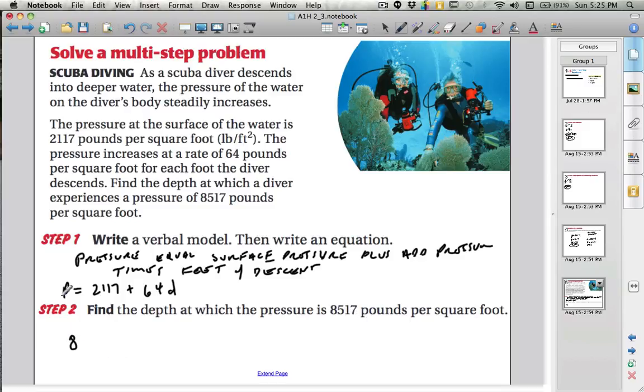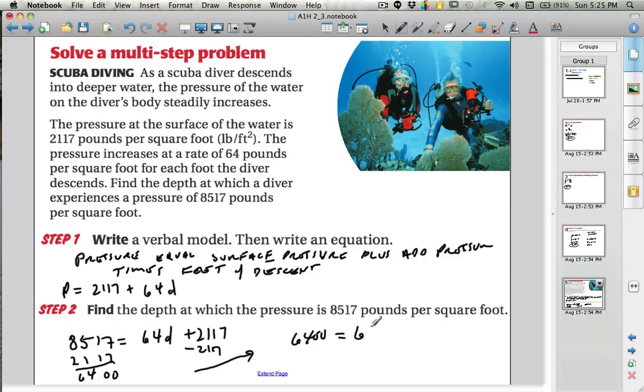So that's the pressure that goes in place of P. That'll be equal to 64 times D plus 2,117. If I subtract 2,117, I'll get 6,400. So 6,400 would be equal to 64 times the depth. So the depth is 100 feet. Okay? And that's working with solving two-step equations.